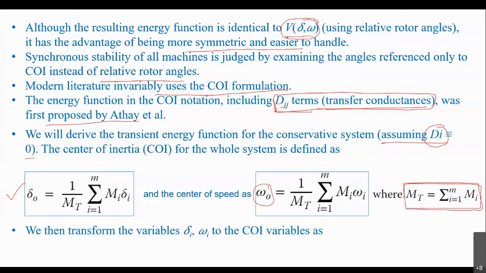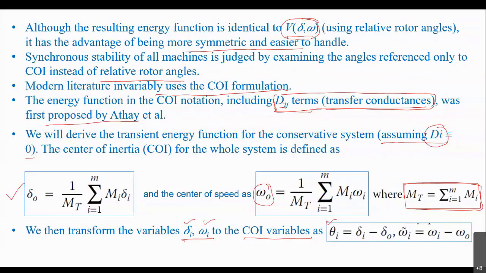So we then transform the variables delta i and omega i to COI variables. Like we transform the variable to the synchronous frame of reference, here also we can transform delta i and omega i to COI variables. I'll define theta i equal to delta i minus delta naught. Like that, I write delta i equal to theta i plus delta naught. Previously also we did like this for the synchronous frame of reference.